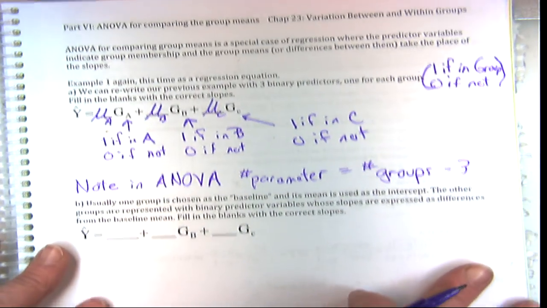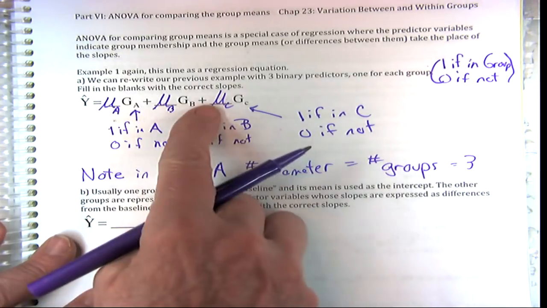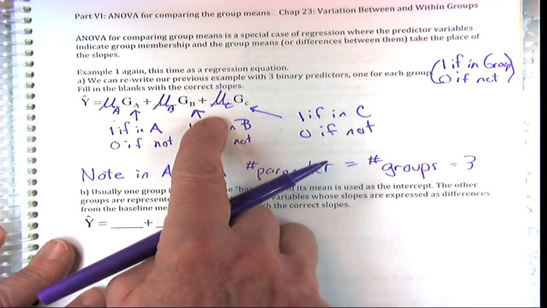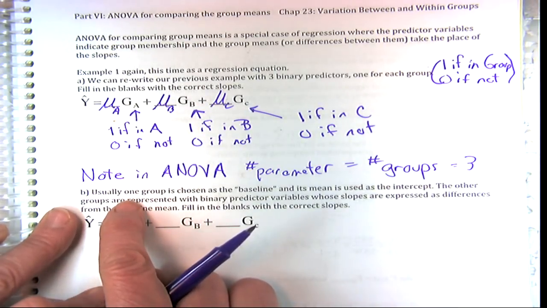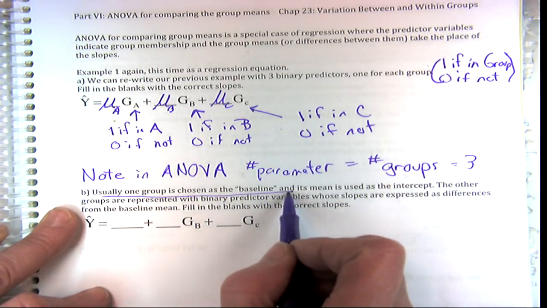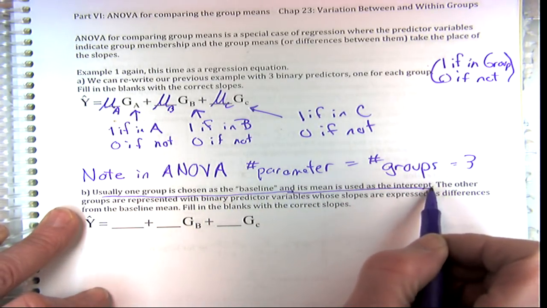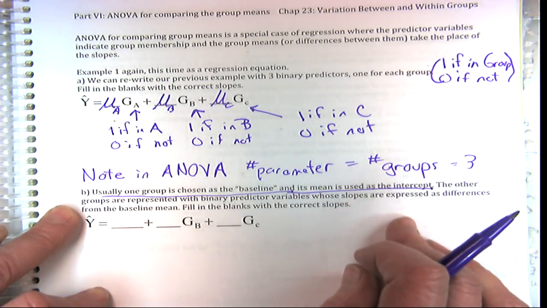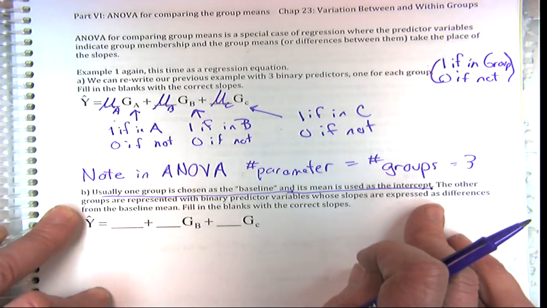Now there's a more usual way that people write it. You don't usually see this one. This is the easiest way to interpret, but there's a much more common way for people to write this. Usually, one group is chosen as the baseline, and its mean is used as the intercept, because you're looking for differences between the groups, so it's an easy way to test for that.